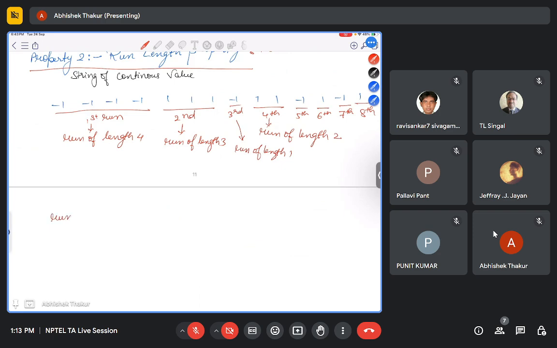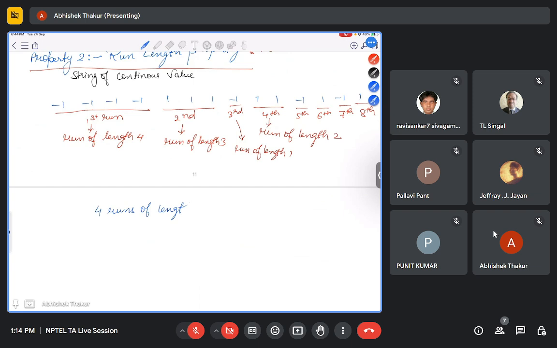Now we can come to an equation. We can write run of length n is equal to... let's see, there are 2 runs of length 2 and 4 runs of length 1.